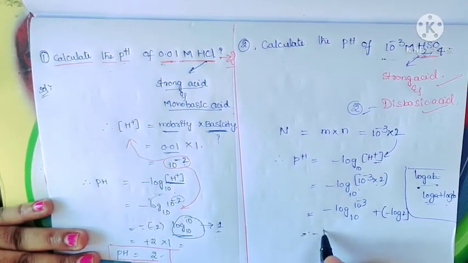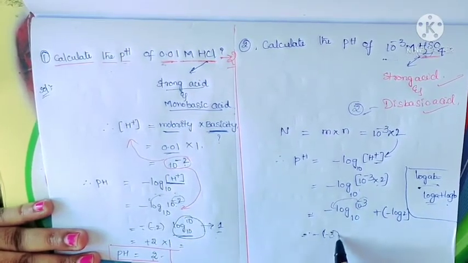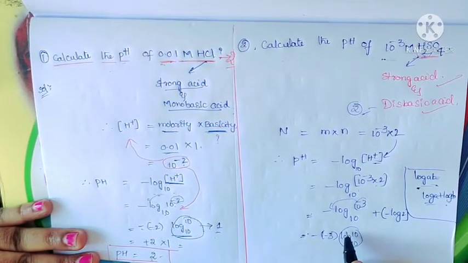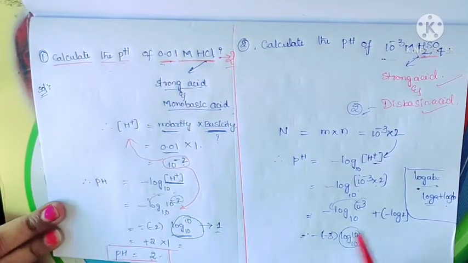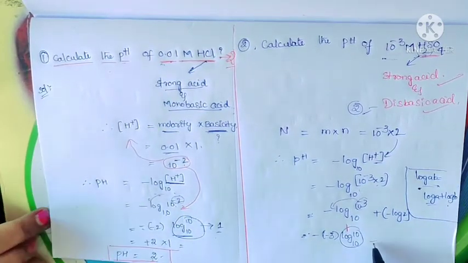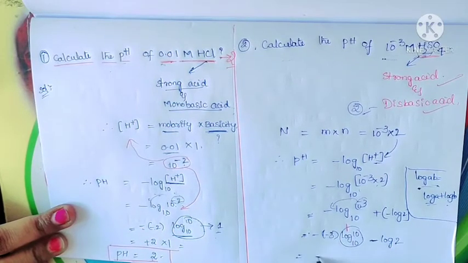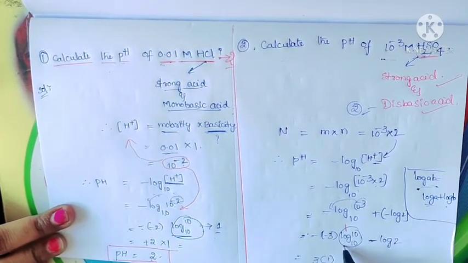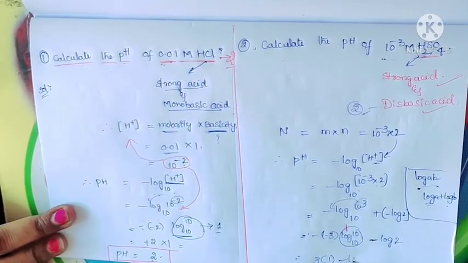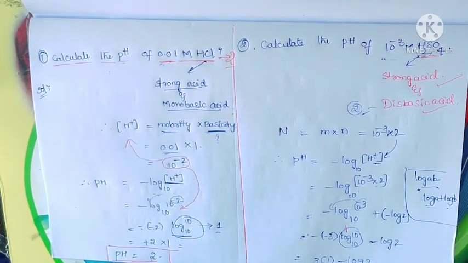In 10 power minus 3, the 3 comes to the front. So minus of minus 3 log 10. Log 10 value is 1. So minus of minus 3 is plus 3. And log 2 value is 0.3010.